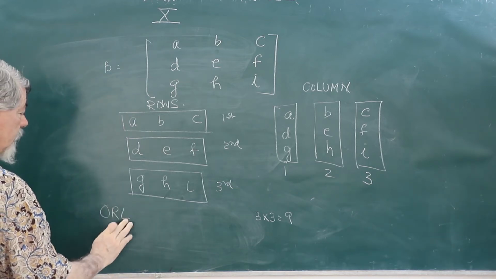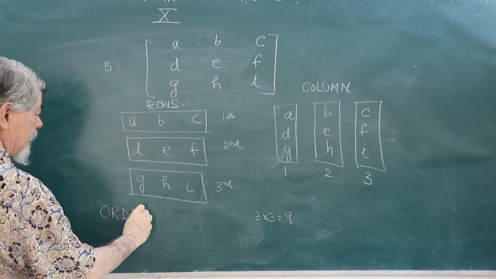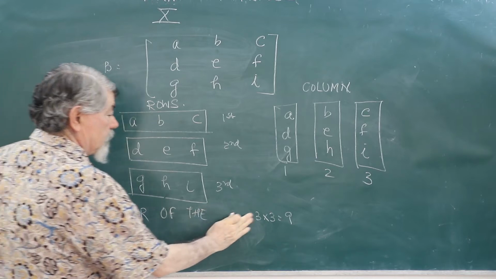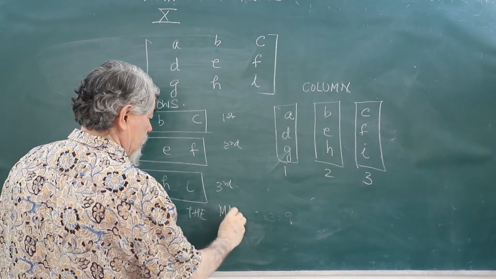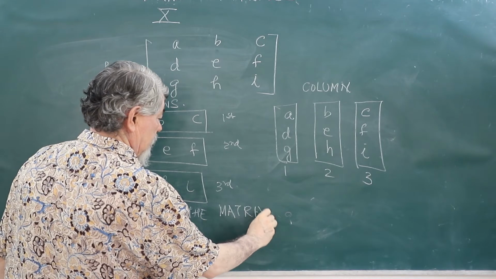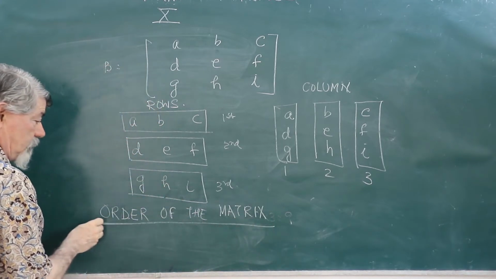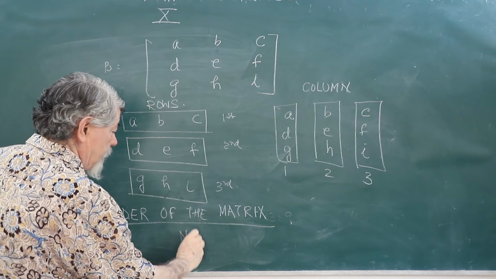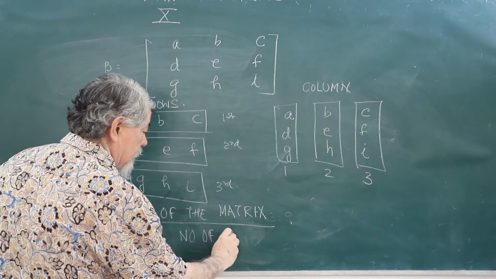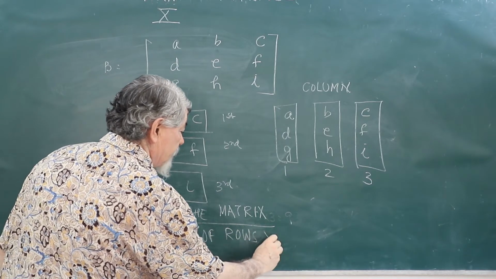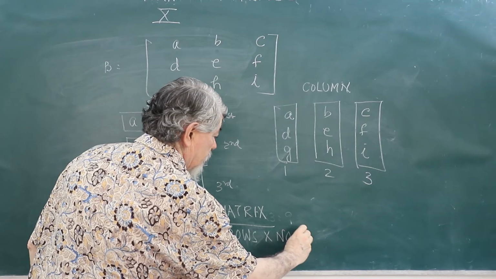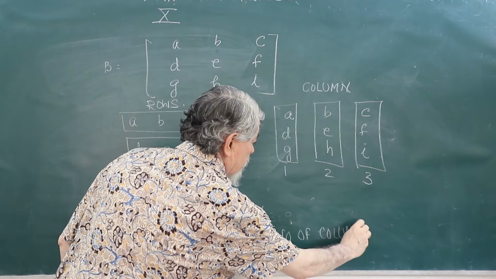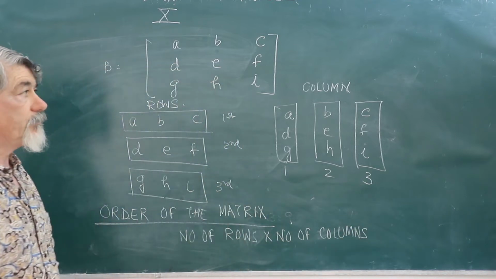Order of the matrix, O-R-D-E-R. Number of rows into number of columns gives us the order of the matrix.